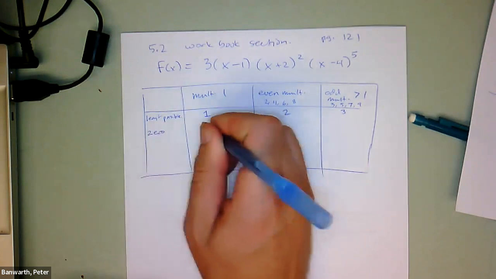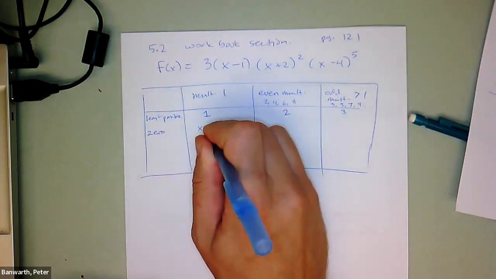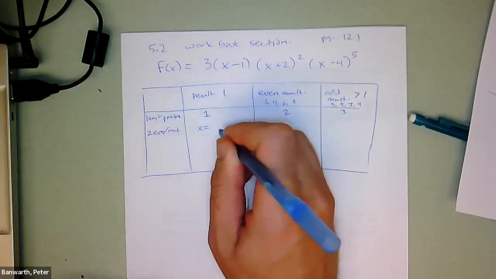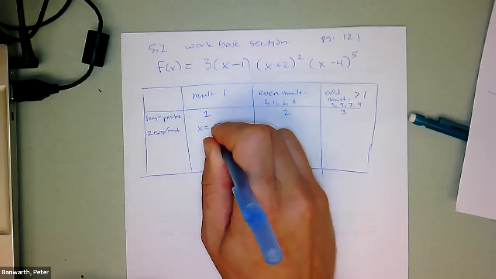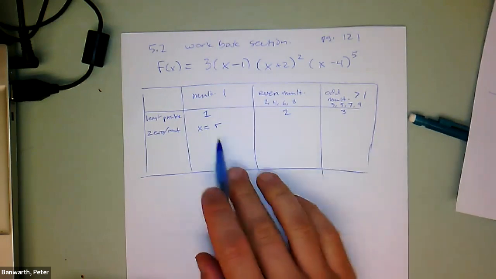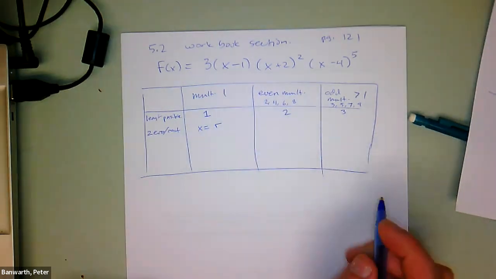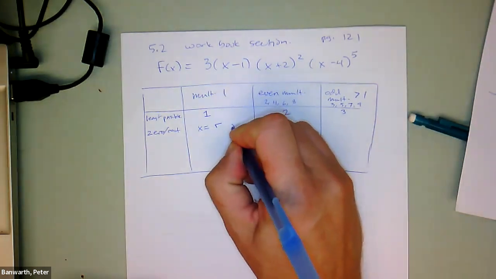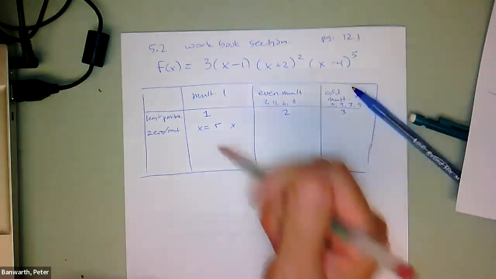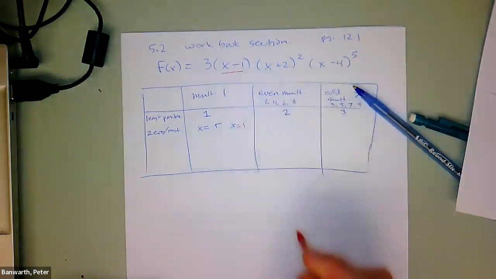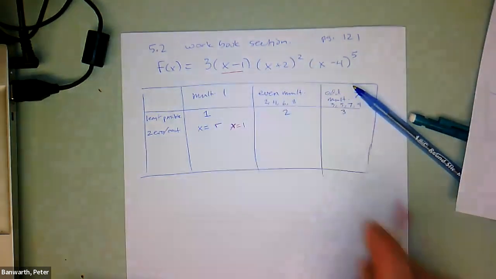The 0 will always just look like x equals, or I'm going to say the root, and you'll understand, x equals r. It doesn't matter if it's a multiplicity 1, a multiplicity 2, or a multiplicity 3. So in this case, if I look at my multiplicity of 1, my 0 is x equals 1.